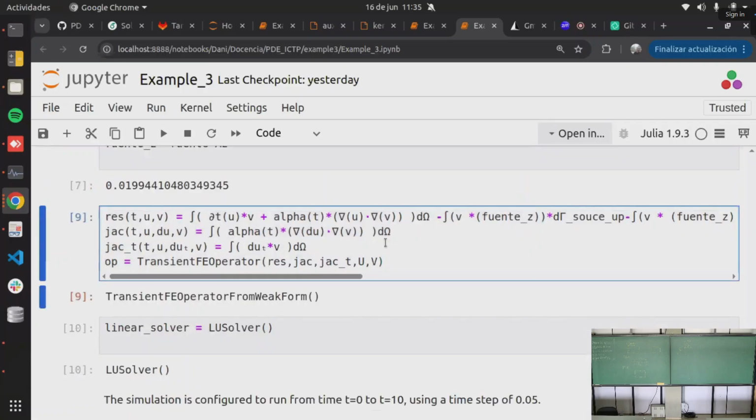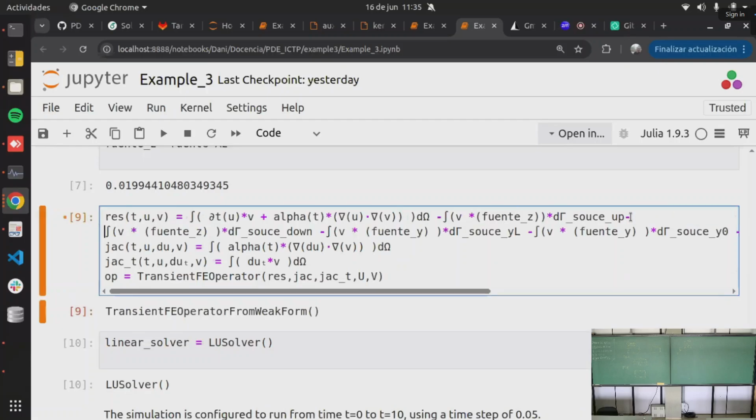And after that, we have to define the residual and the Jacobian. Remember that this will be the weak formulation of the complete equation, containing information of the sources.